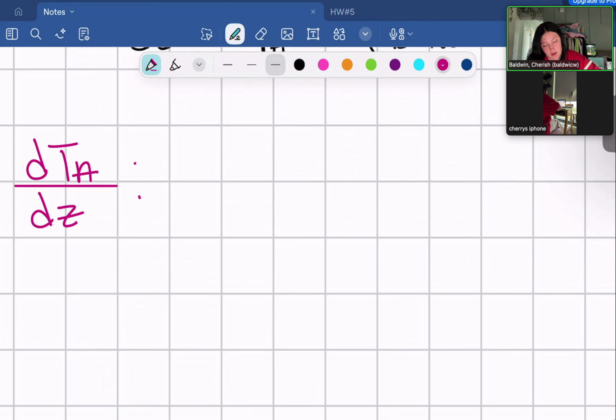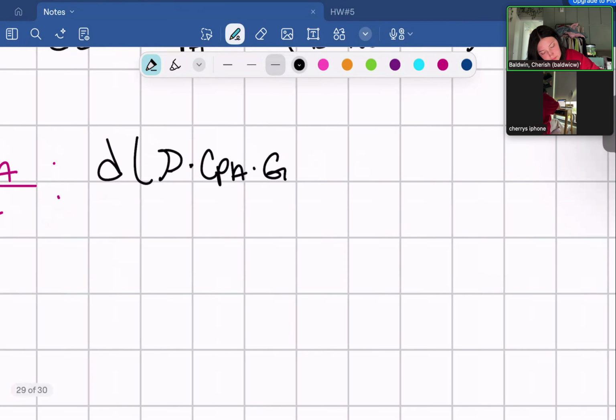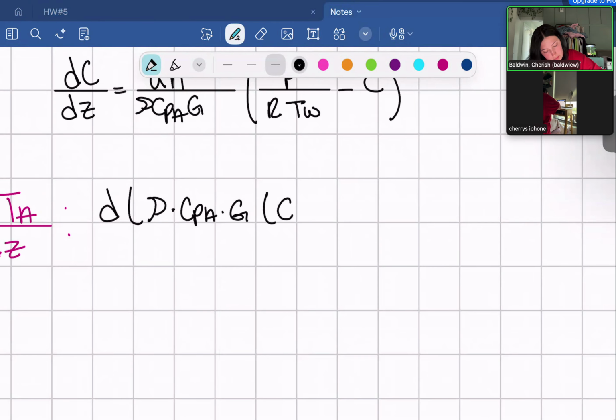Now, this equation is the derivative of density times heat capacity of the air times the flow rate of the air, multiplied by the heat capacity of the air times the temperature of the air, minus the flow rate.